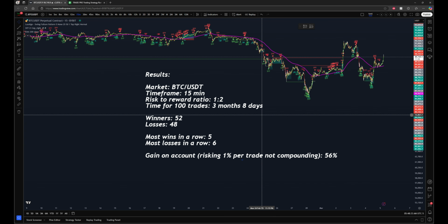So one thing I noticed with this was it could do a lot better with some trade management. Some of the trades will go 20R or 10R or 5R.